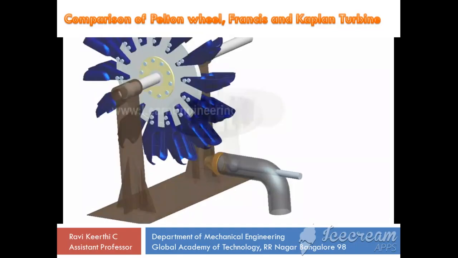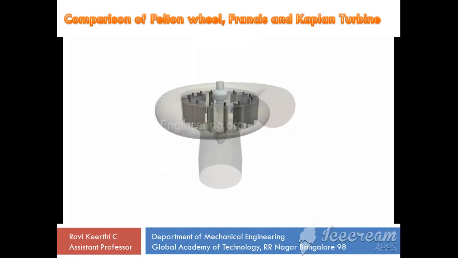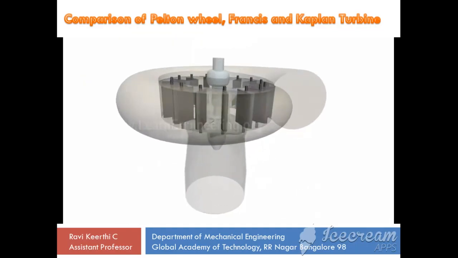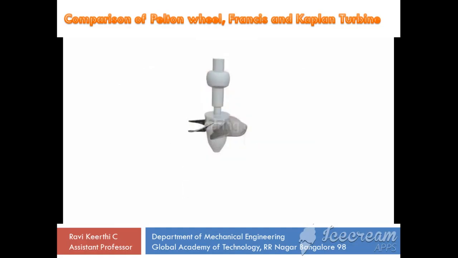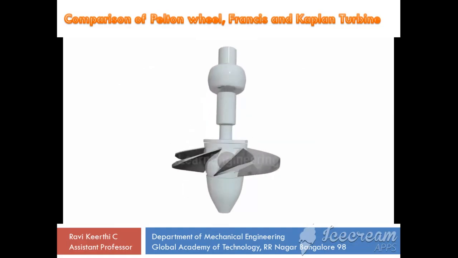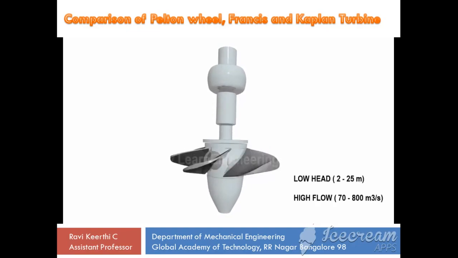Whereas the Kaplan turbine is suitable for the reverse case. A high water flow will guarantee efficient production of reaction force. So when water is available at high flow rate and low head, the Kaplan turbine is the best choice.